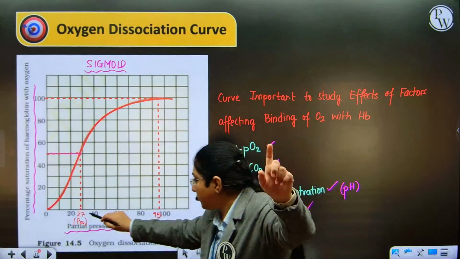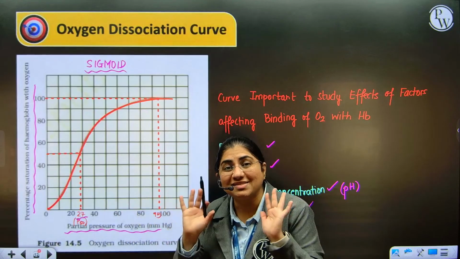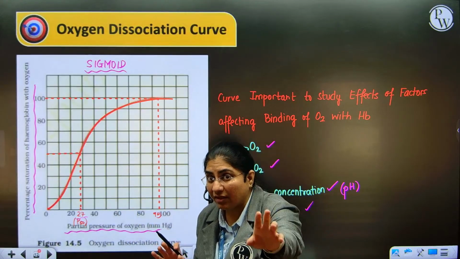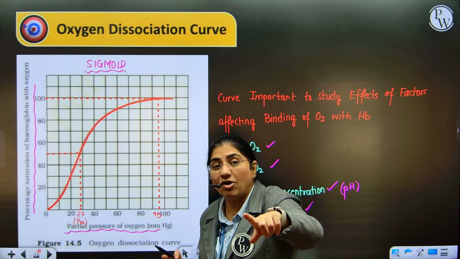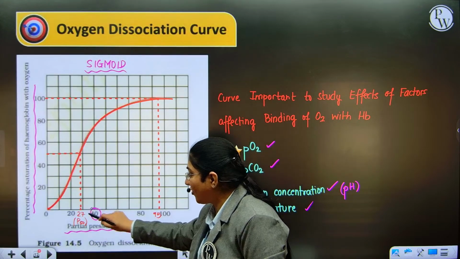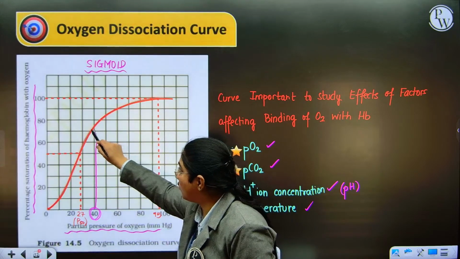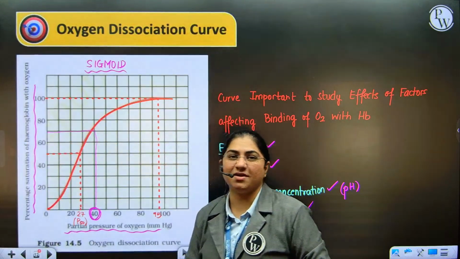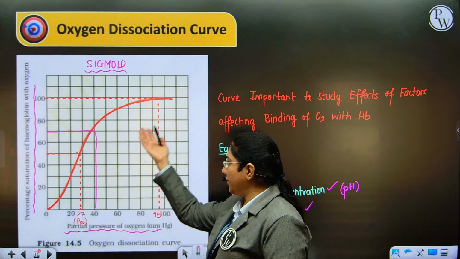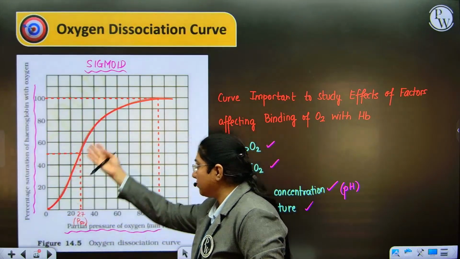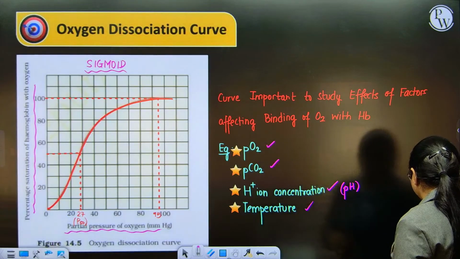At a particular partial pressure, 27, 50% of hemoglobin is saturated. Now think and recollect, what is the partial pressure of oxygen in deoxygenated blood? 40 mm of Hg. My dear children, at 40 mm of Hg, almost 75% of hemoglobin is saturated. Is this clear? As we keep on increasing the partial pressure, the oxygen saturation of hemoglobin keeps on increasing.